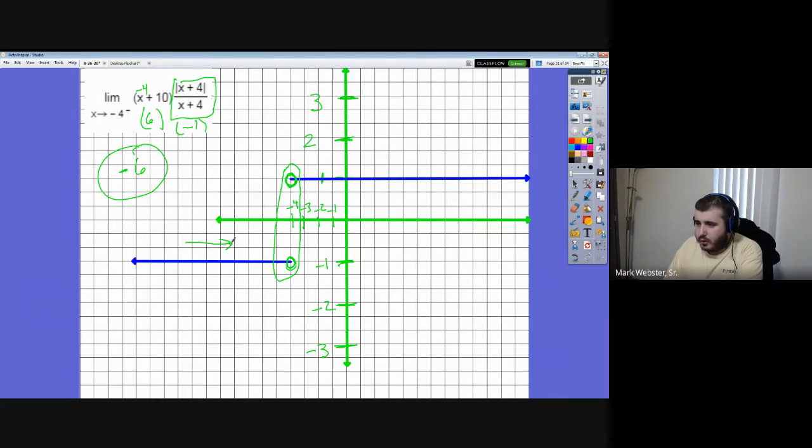So if it's coming from the left, we got a negative. If it's coming from the right, we got a positive, yeah? And then this part, you just plug in normally. Don't overthink this. If you can have this picture in your mind of the one here and the negative one here, everything else is simple as heck. Don't overthink it.